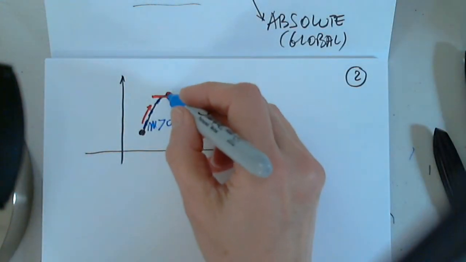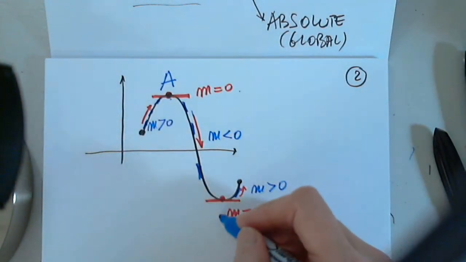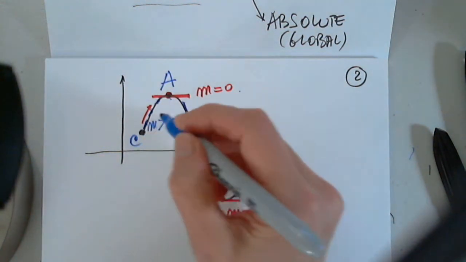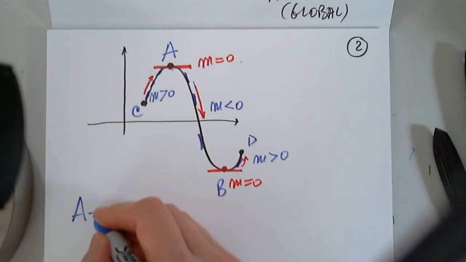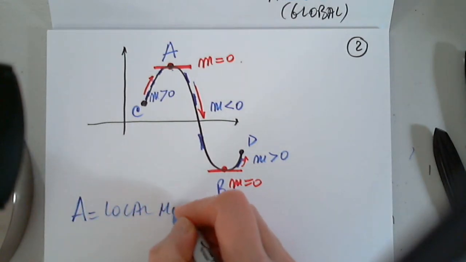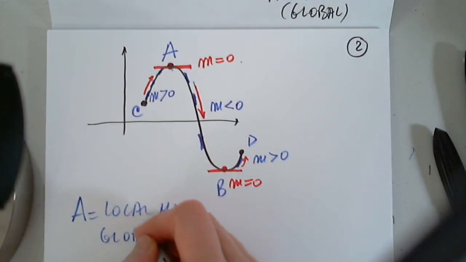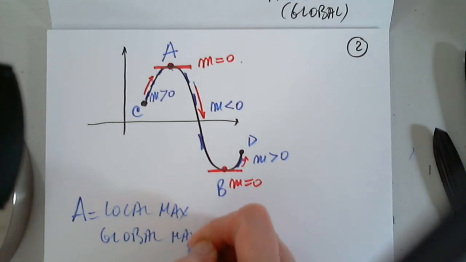This point, I'm going to call it point A, and this is point B, and this is point C, and this is point D. Point A is a local max and also global max.